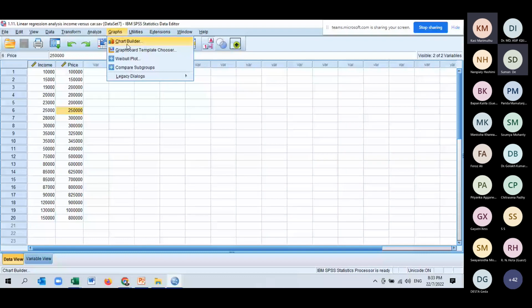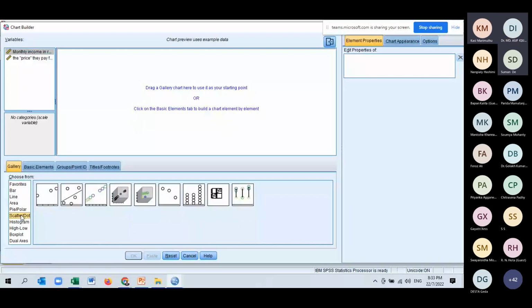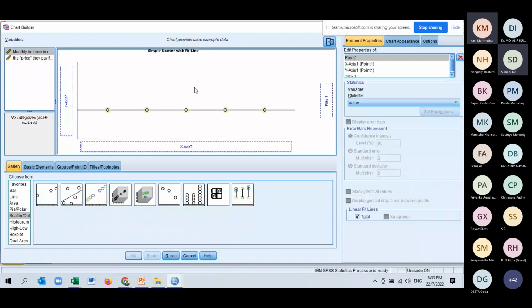Go to chart builder. Click scatter. Can you please see the second graph? Simple scatter with fit line. Just drag and leave it here. So please tell me what variable you have to keep in the y-axis.